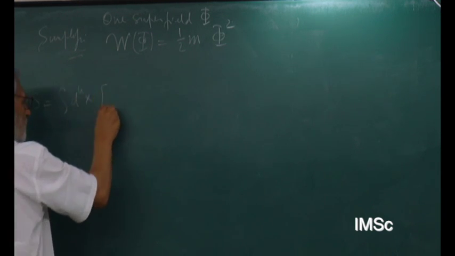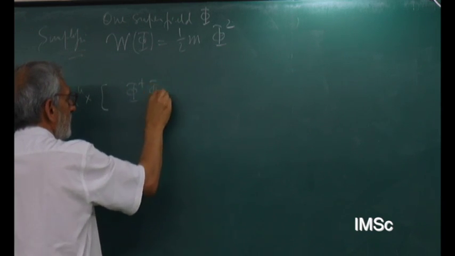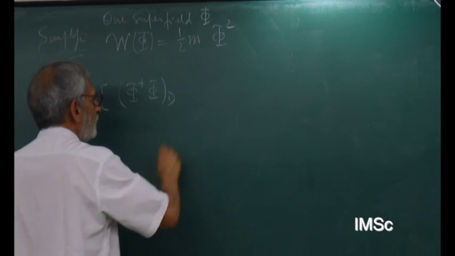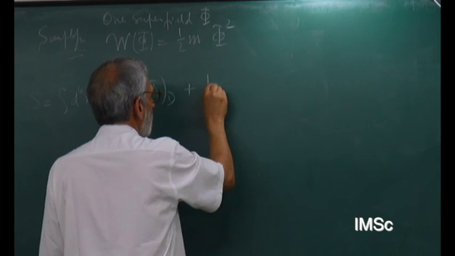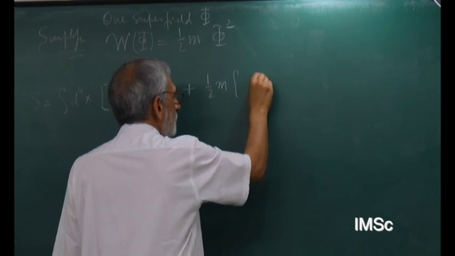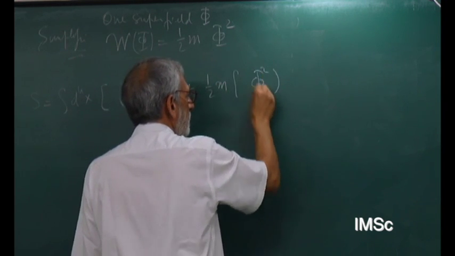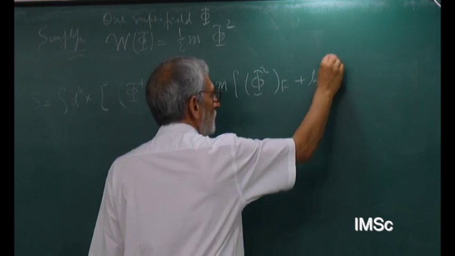d^4x, phi dagger phi, D term, plus 1/2 m phi square, F term, plus Hermitian conjugate.